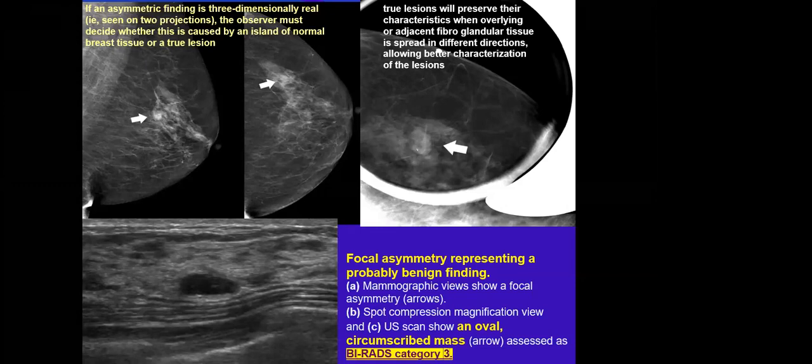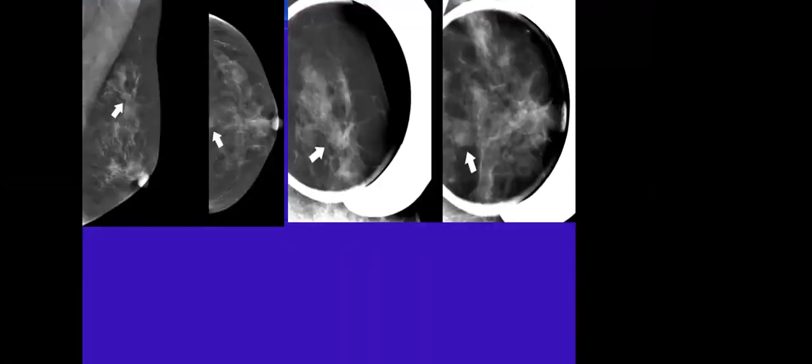We spread away the overlying breast tissue, helping us to give more characterization of the underlying lesion, which is also seen here on ultrasound. Here it is oval circumscribed and here oval parallel hypoechoic. So it is probably benign, BI-RADS 3, in both mammography and ultrasound.